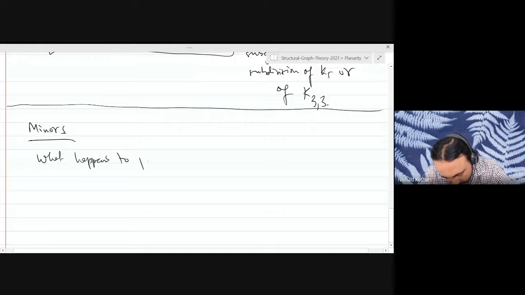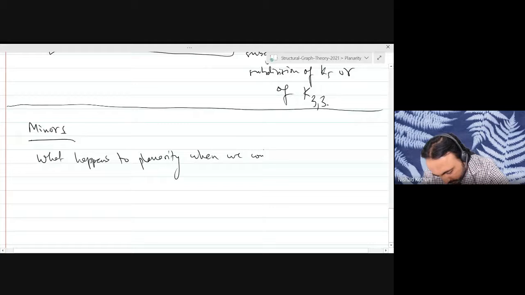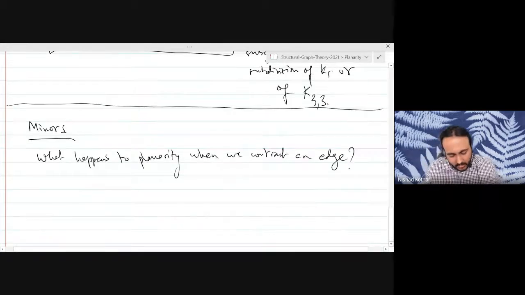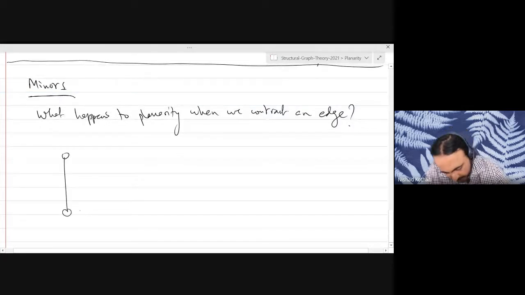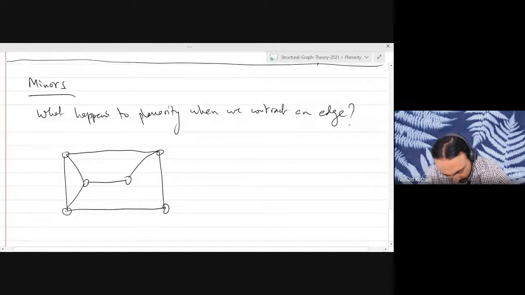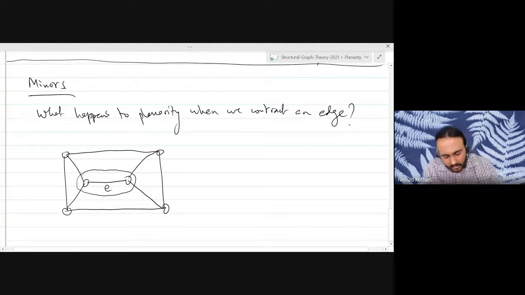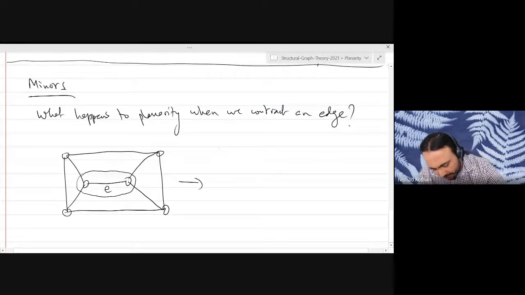What happens to planarity when we contract an edge? Suppose I give you an example. Let's say this is your planar graph, a very standard example that we saw when we were studying Tutte's wheel theorem, and you contract this edge. What contraction really does is squeeze this into a single vertex, but that does not change planarity.